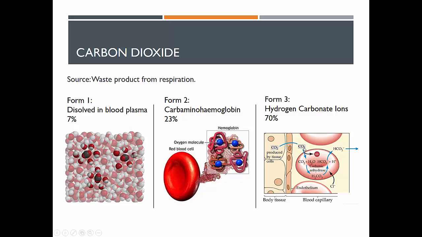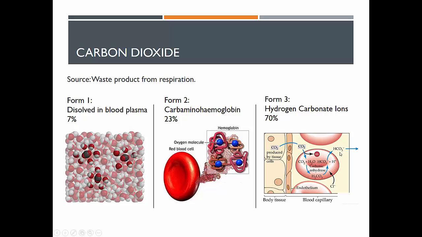The CO2 interacts with the plasma, and can actually react with the water inside of a red blood cell, and you get this interesting little to and fro reaction where you create carbonic acid, and that can dissociate into hydrogen carbonate ions and a free hydrogen ion over here.